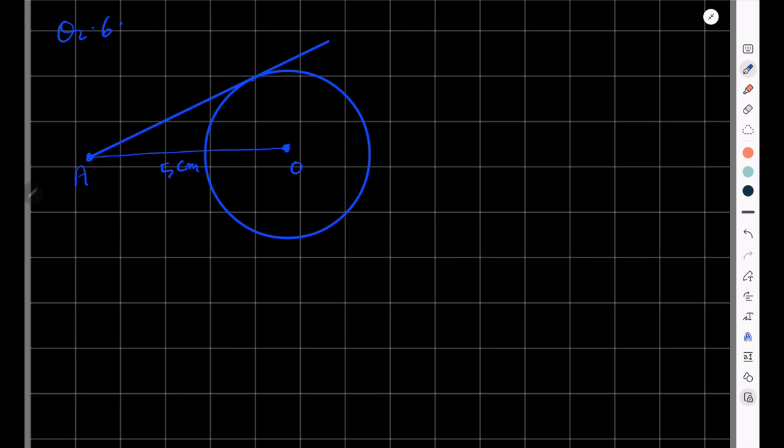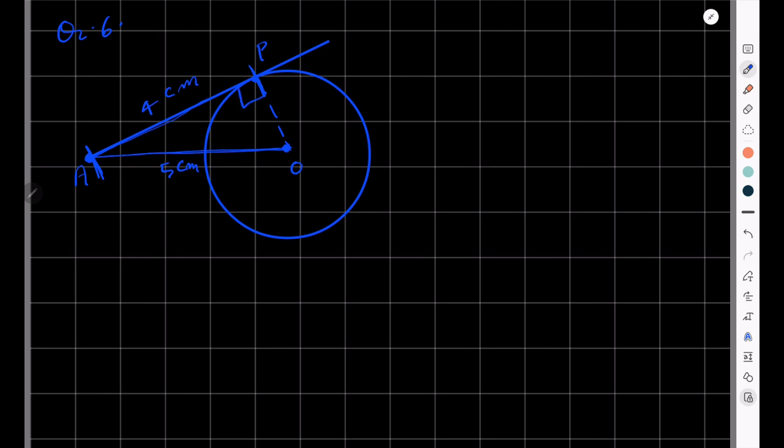So this question is telling that this is 4 centimeter. Let this point be P. It is telling that external point A is 5 centimeter from the center. That is one thing. And the length of the tangent from A is 4 centimeter. Then it is asking to find the radius of the circle. Radius of the circle will be this one.